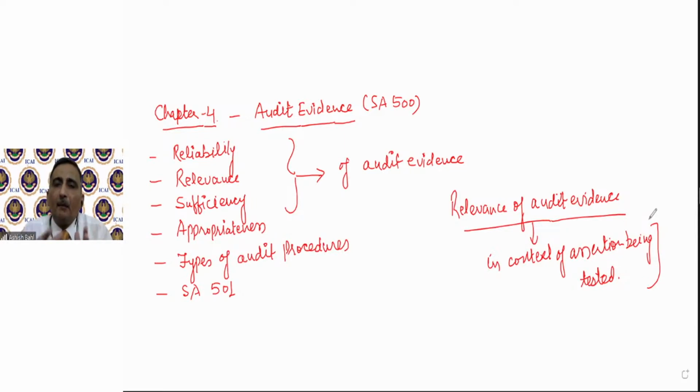Say the balance in the company's account is reflecting rupees 5 lakh. He sends a confirmation request to confirm the amount. The third party also confirms that the balance is rupees 5 lakhs. So in this case, this procedure is relevant if the auditor is testing existence of the account balance.